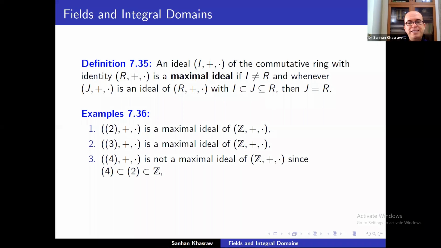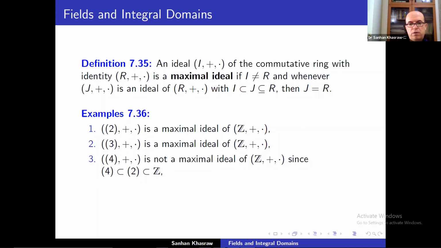While the ideal generated by 4 is not a maximal ideal, because it is a subset of the ideal generated by 2. So there is another ideal between the ideal generated by 4 and Z that contains it. So one can see the ideal generated by 4 is not a maximal ideal.